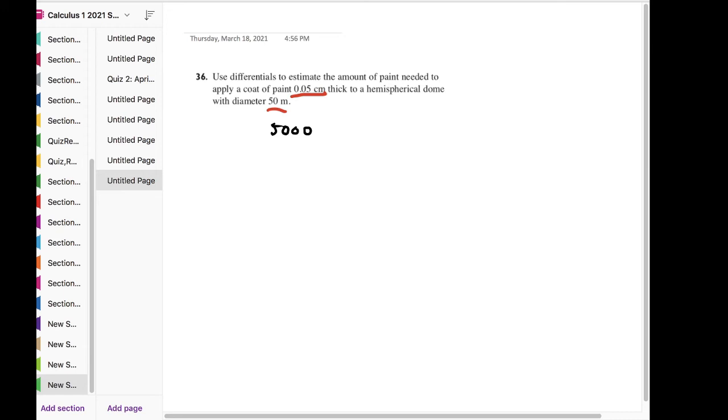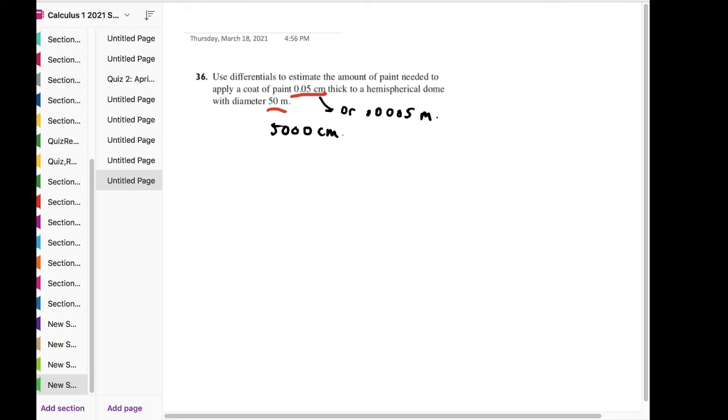Or maybe the other way around would be okay too. Or 0.0005. Maybe that would be better. Well, let's see. Let's pick one when you take the differential. Okay, so the big question is, what am I taking the differential of?